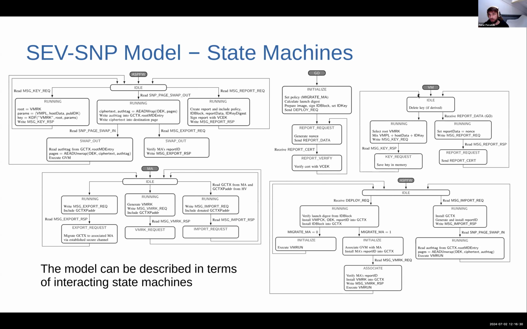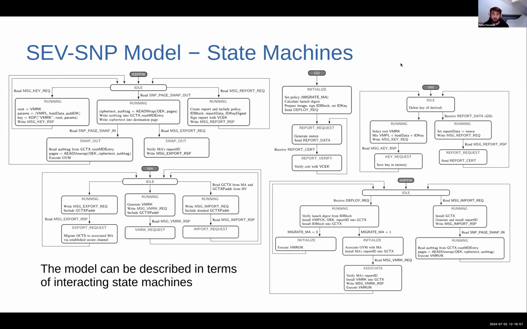If you take, for example, this state machine that describes the SNP protected guest, then this guest can request an unbounded number of key derivation requests and also attestation reports. It can request them in any order, an unbounded number of times.